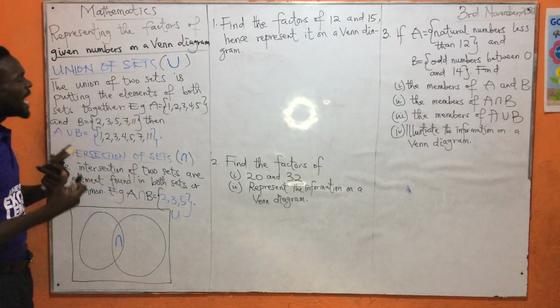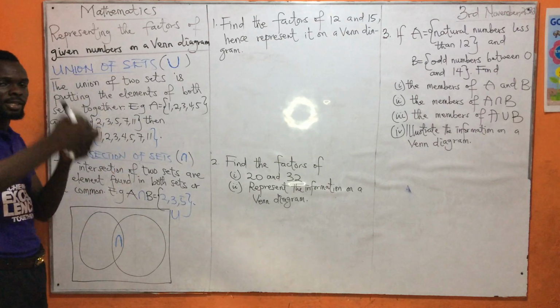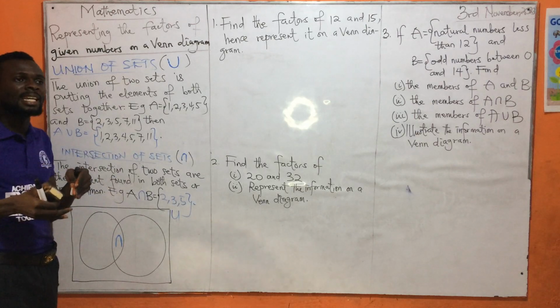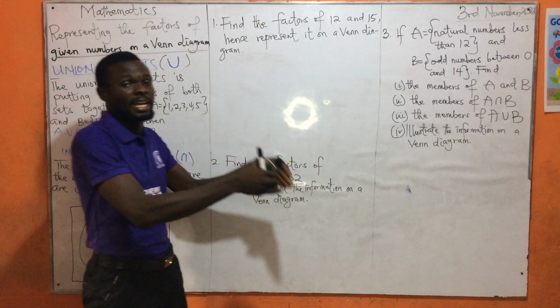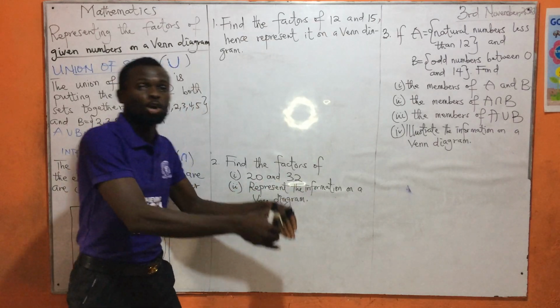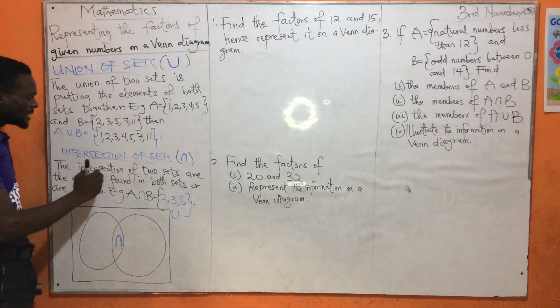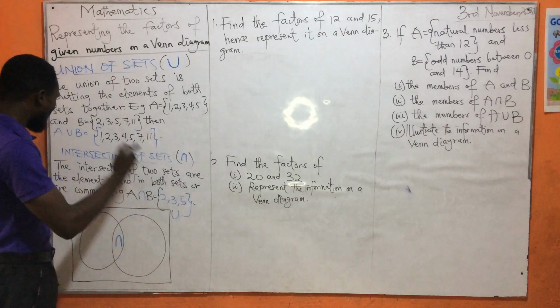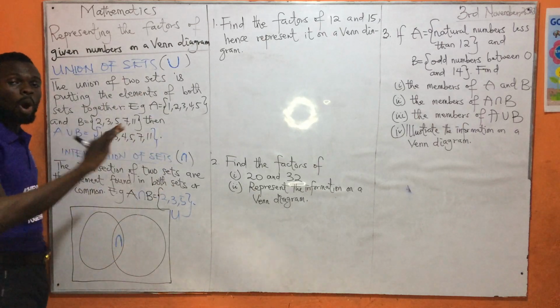So that is the union. And the other term is intersection. If we say something is an intersection, it means the thing is at one end and can also be seen at the opposite end. So the intersection of 2 sets are the elements found in both sets, or that are common.